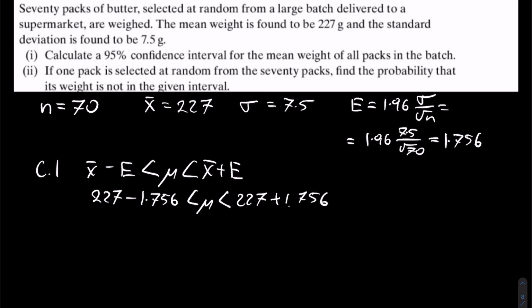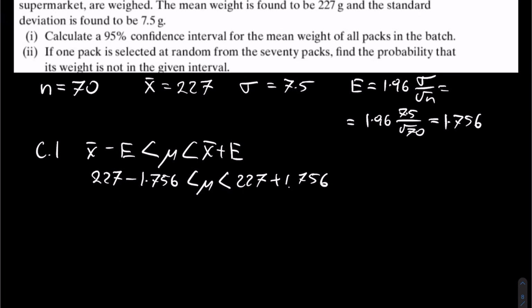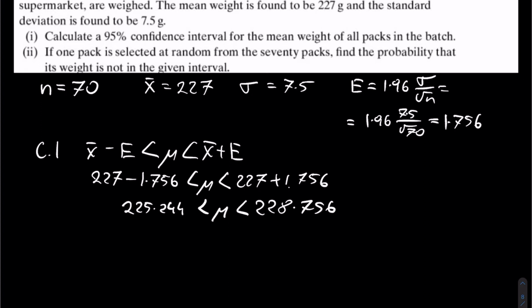So 227 minus 1.756 is 225.244, less than the mean, less than 228.756. Cool. So that's my 95% CI.